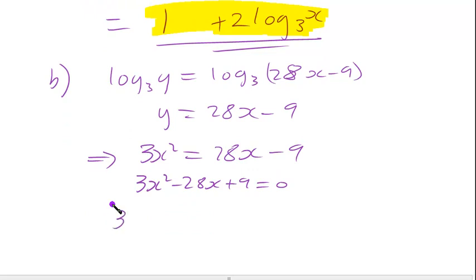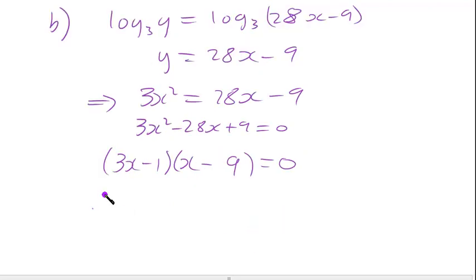Yes, it does. 3x, open brackets, x. Well, the 9 times 3 if we're going to get anywhere near the 28. And we've got minus 9 times 3 gives us minus 27. Another minus 1 times 1 gives us the 28x we need. So therefore, x must equal 1/3, this must equal 0, or x must equal 9.